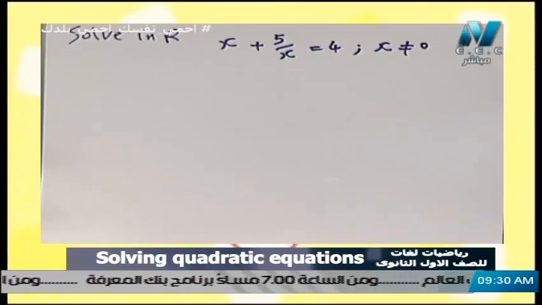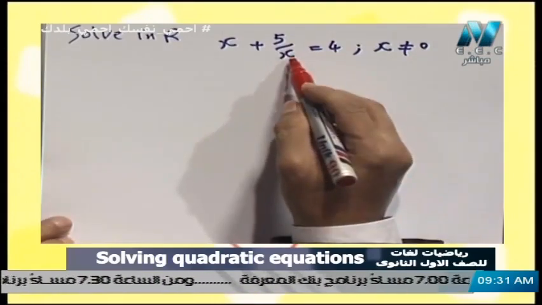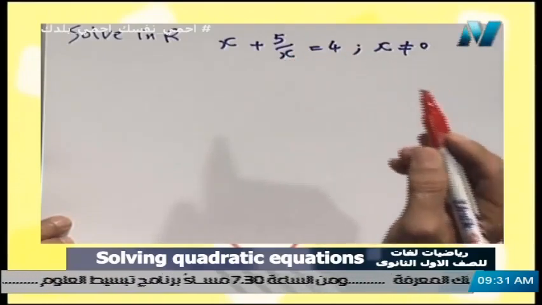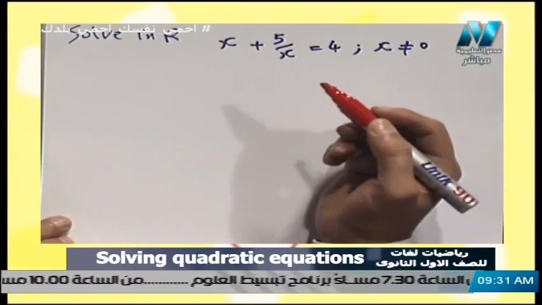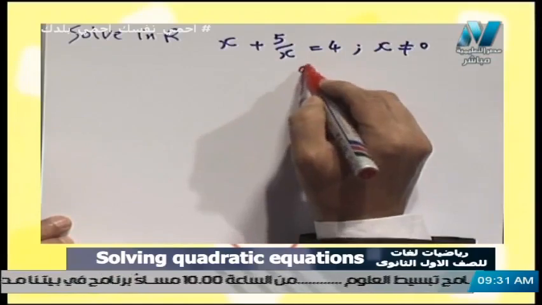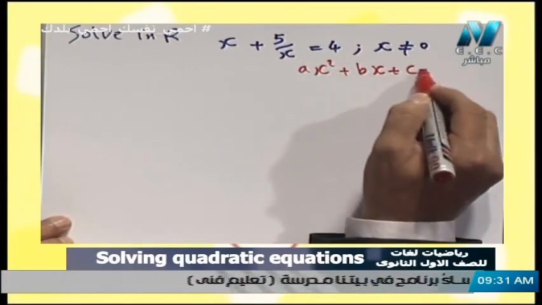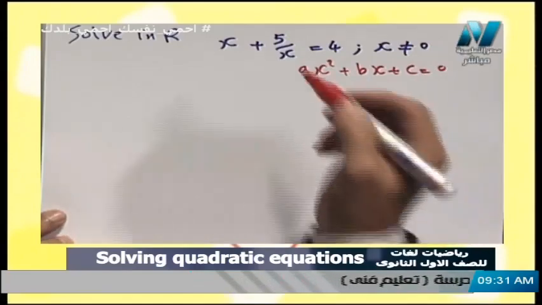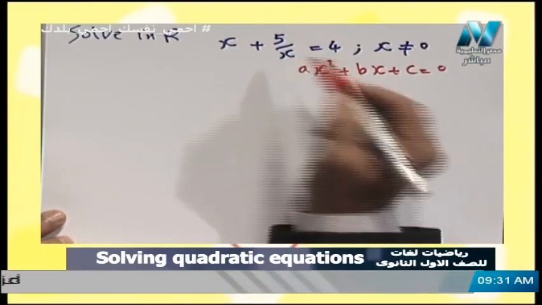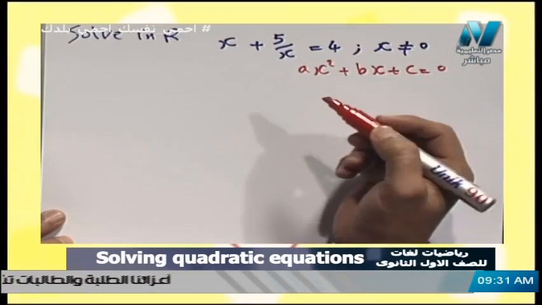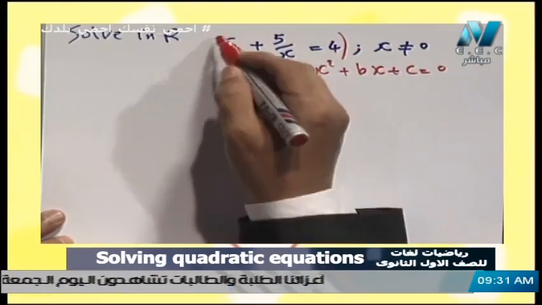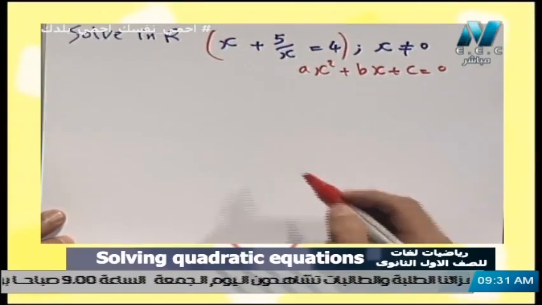The problem is that we have x here in the denominator, but we intend to make it in the form ax power 2 plus bx plus c equals 0. The problem x here in the denominator, we can overcome it by multiplying all the equation by x.